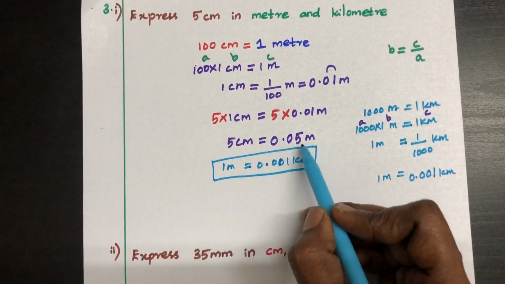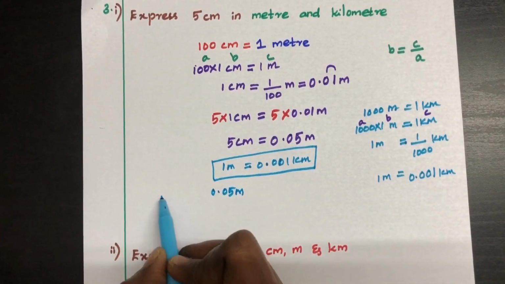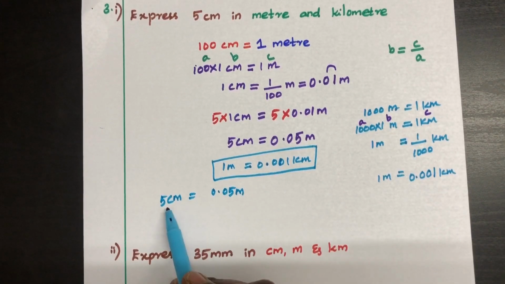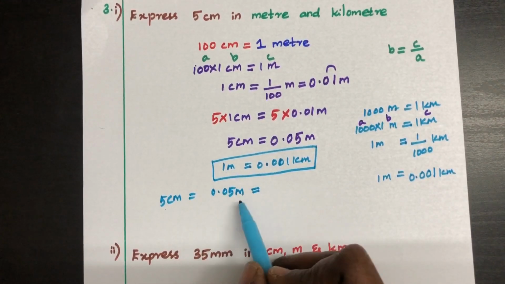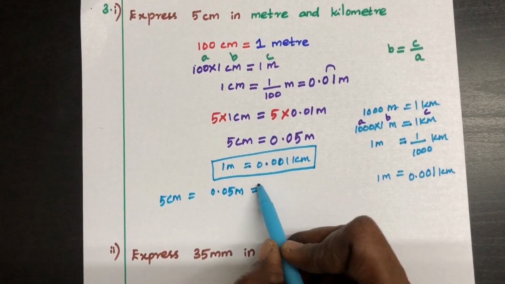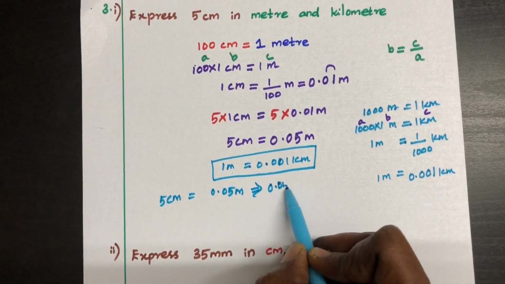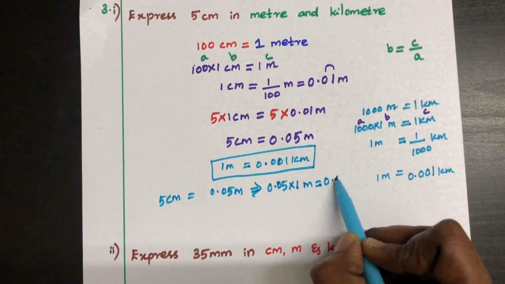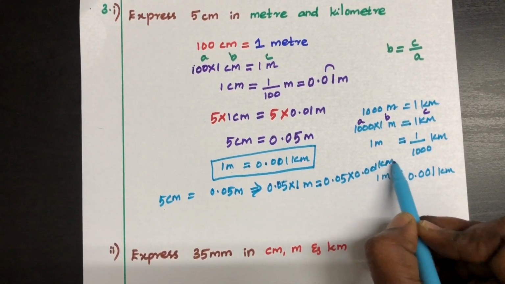Now we want 0.05 meter because 5 centimeter is 0.05 meter. We are going to convert this 5 centimeter in meters. So for that, what we need to do? Multiply 0.05 into 1 meter is equal to 0.05 into 0.001 kilometer.